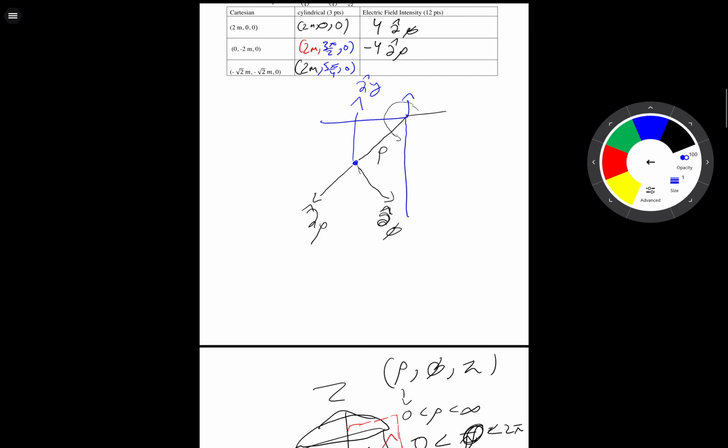And as you can see clearly from the picture, this angle over here, we know is 5 pi over 4.